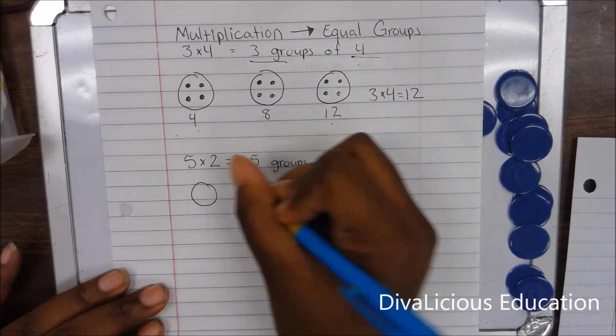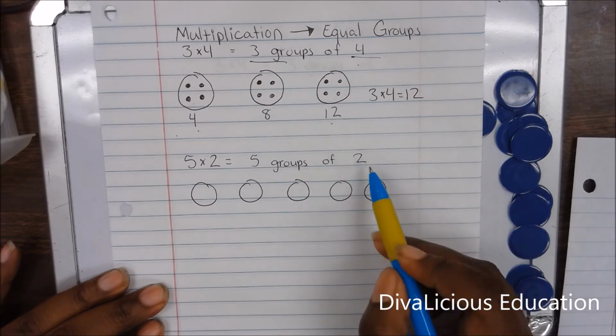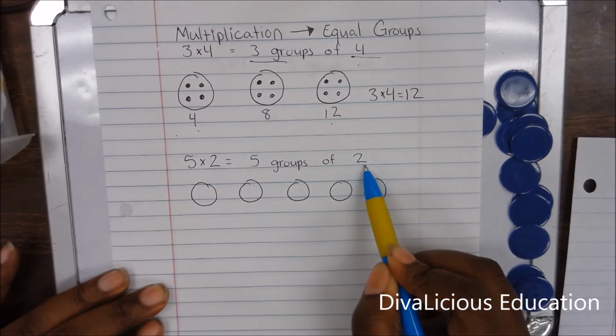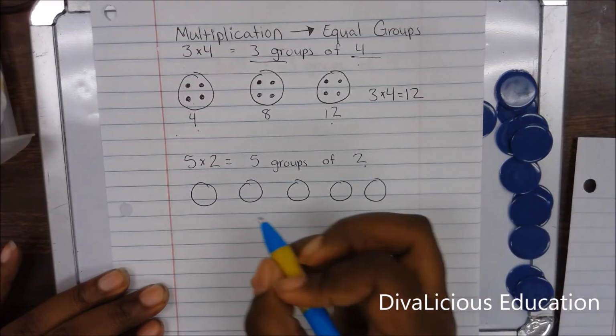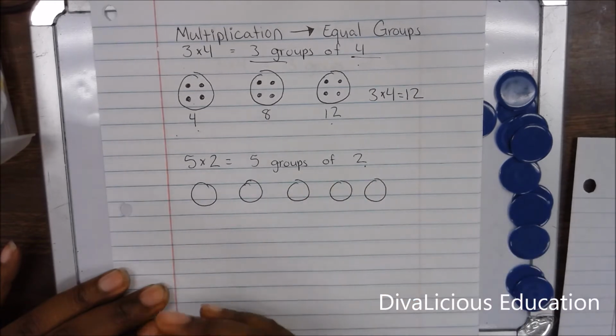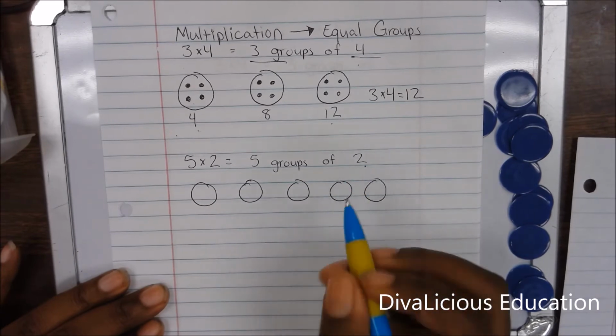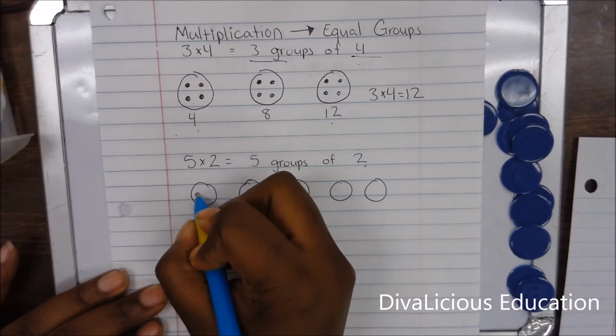1, 2, 3, 4, 5, and each group needs 2. Now today we're using smaller numbers just so that you can be confident with the strategy, but I'm going to show you when you get to larger numbers and you may not be sure of how to count, of how to show it. So now that I have 5 groups of 2, I'm going to put 2 in each one.